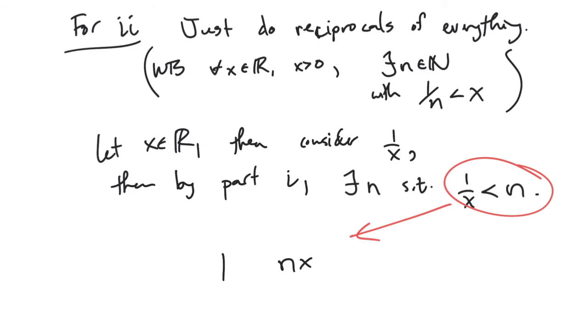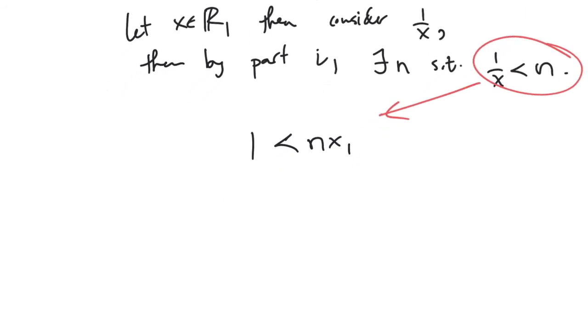This is important, but I do not need to change the direction. Okay, and then what? Now divide by n. Do I need to change direction then? No, why not? Yeah, n is a natural number, which means it's positive. So do that. So 1 over n less than x. This is what we wanted to show, right? All right. The inequalities are a little mysterious sometimes.